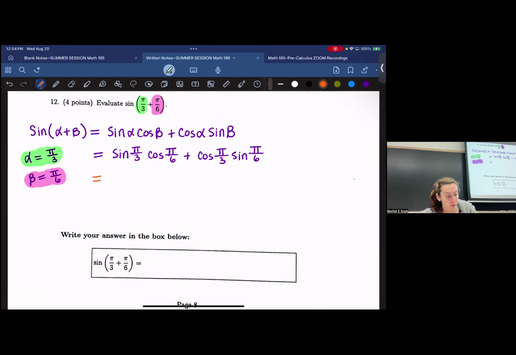Sine of pi/3 is square root of 3/2. Cosine of pi/6 is square root of 3/2. Cosine of pi/3 is 1/2. And sine of pi/6 is 1/2.